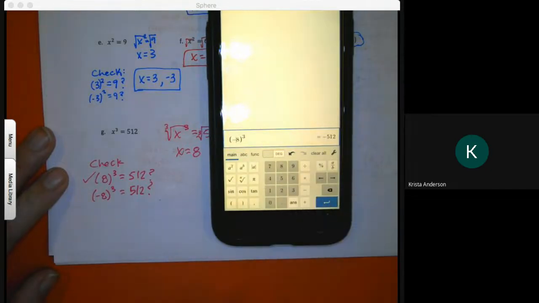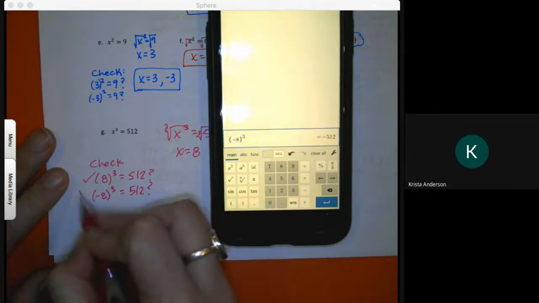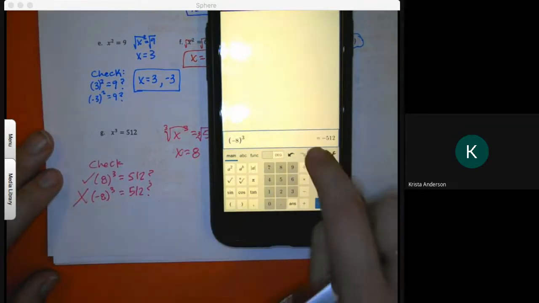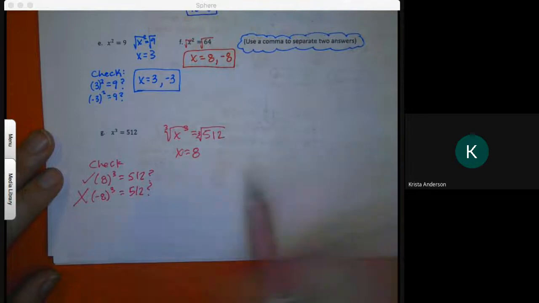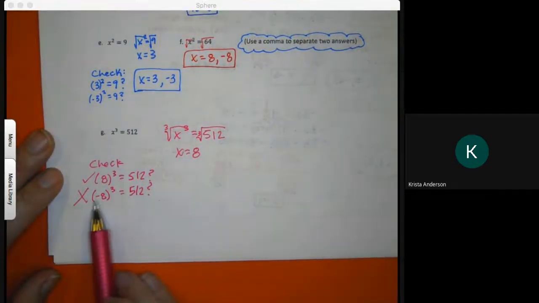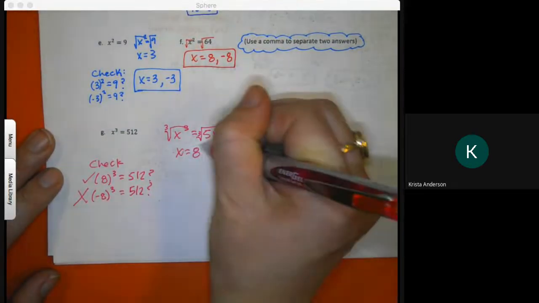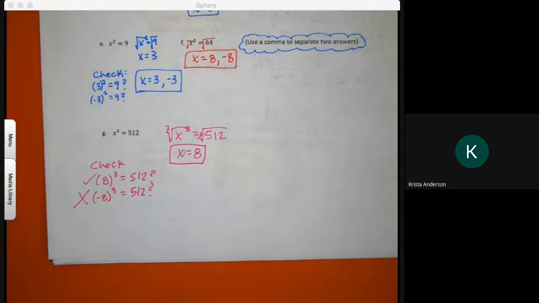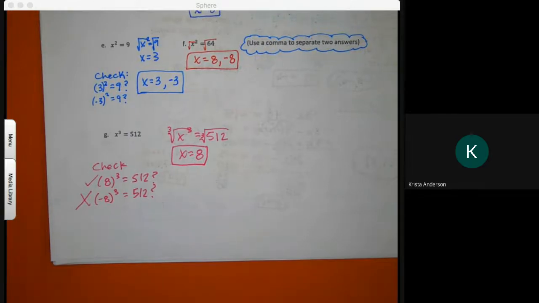Does it equal 512? It's a negative. This one won't work. Who thinks they know why cubed won't have a negative value? It will just be x is 8. Yeah, because it's multiplying it 3 times. Exactly, 3 times. So if I have 3 of them, these would cancel, but I'd still be left with a negative.